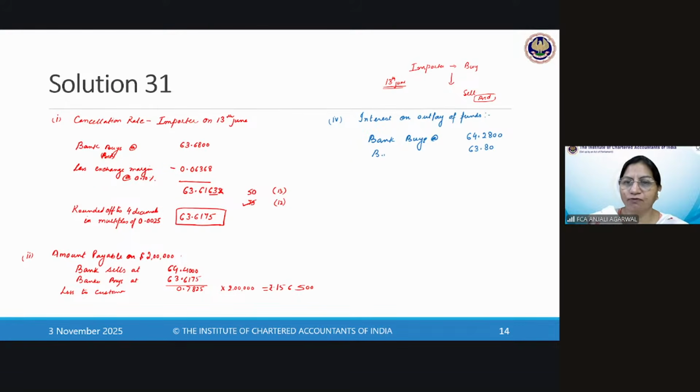So the cash outflow, this is again on 10th June, is 0.48.